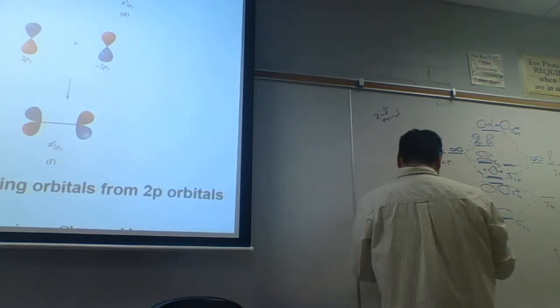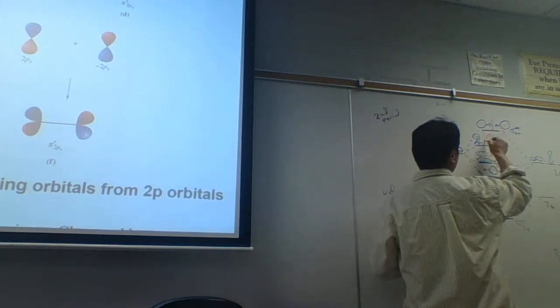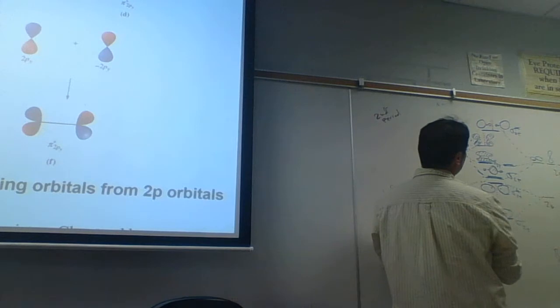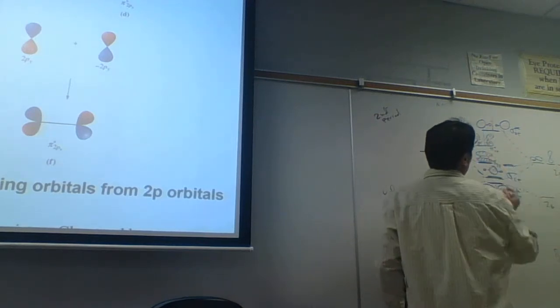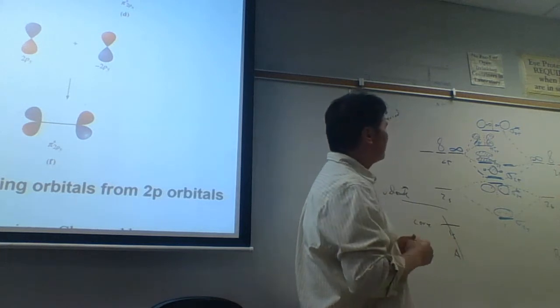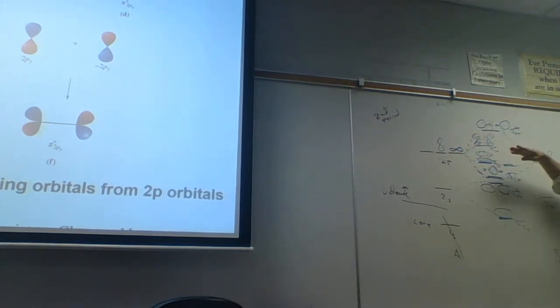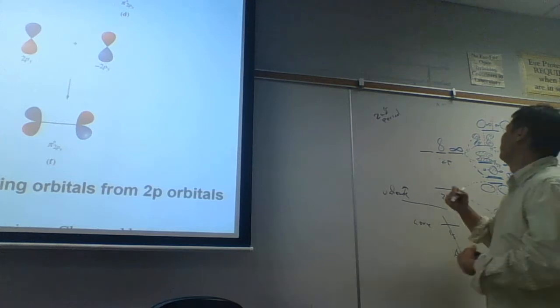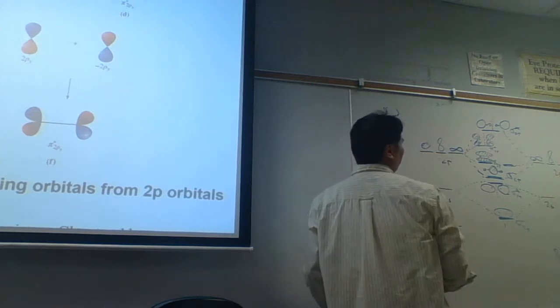And then I'm going to have a node down the center here. And so this is the pi star 2p. Now this is what we call the side view. There's another 2p orbital projecting straight out and straight in. What would be this one here?